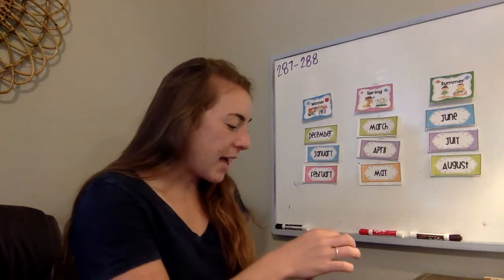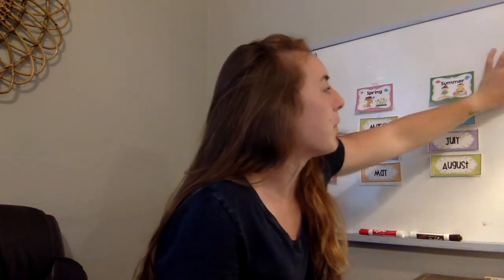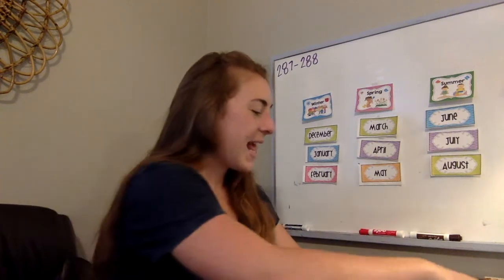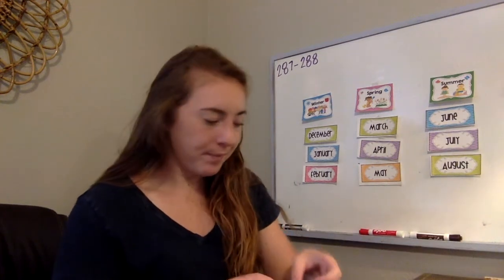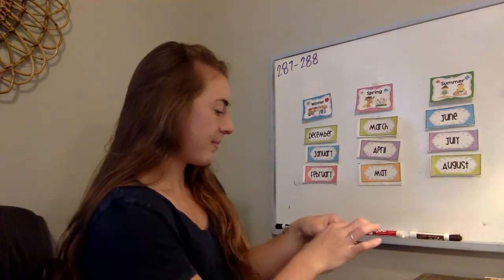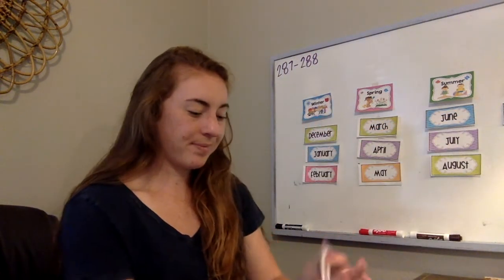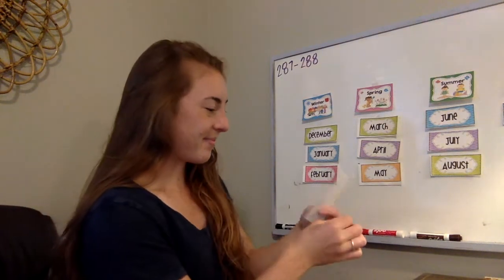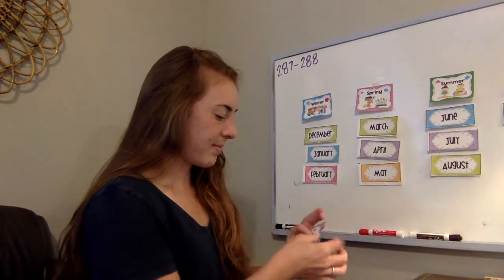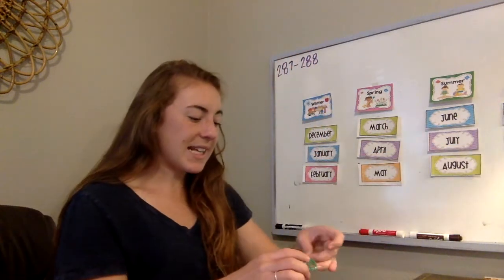And so in the fall time, you might think of cozy sweaters, maybe some cozy drinks, some apple pie, carving pumpkins. And so the 3 months of fall are September, October, and the last one is November.